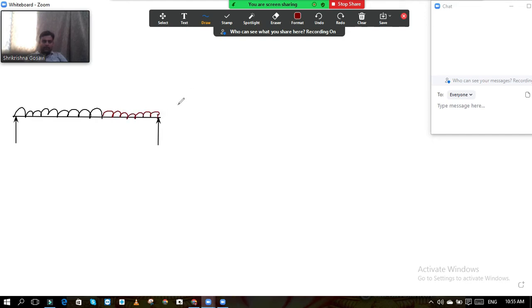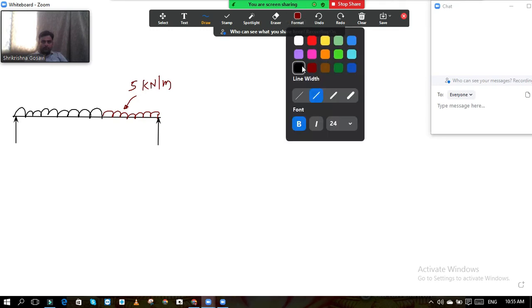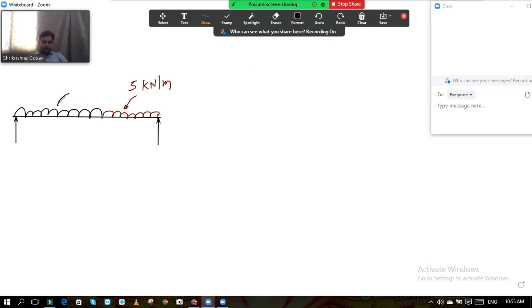Okay, this is the staircase we are doing design. So this was 5 kilonewton per meter. Then this is 20.56 kilonewton per meter. Then this distance is 2.2.